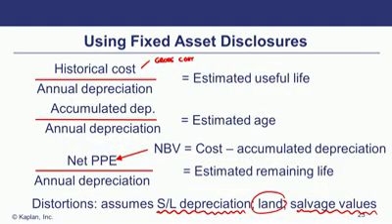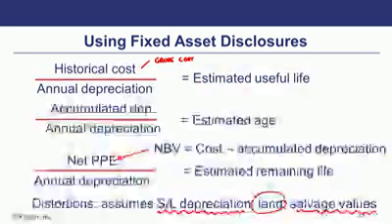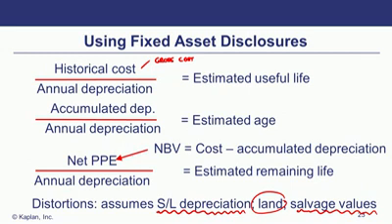Okay, so estimated useful life, historic cost over the annual depreciation expense from the income statement. Estimated age, let's take the accumulated depreciation from the footnote disclosure over the annual depreciation passing through the income statement. And that is telling us, therefore, how many years have been charged to date.